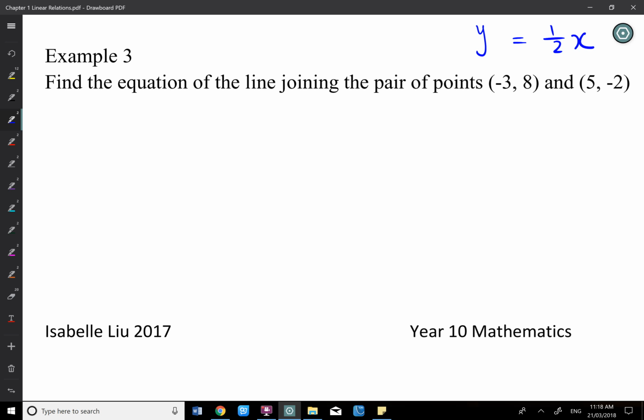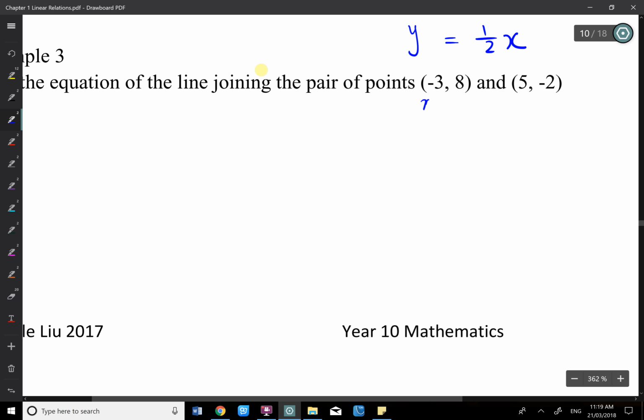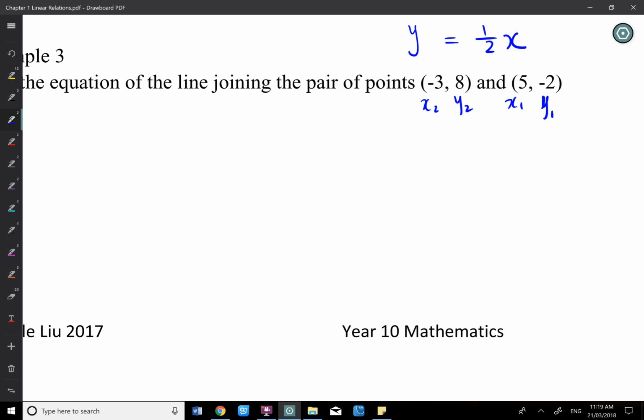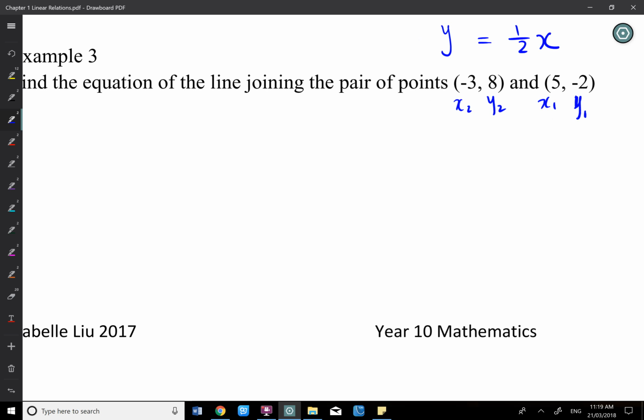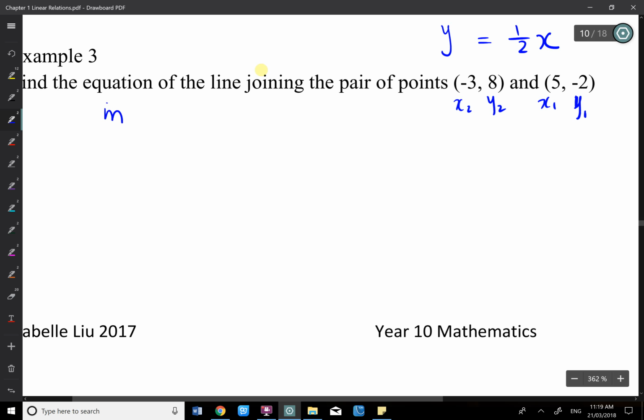y2 minus y1 over x2 minus x1. I can make any pair become y2, y1. Like, I can say that's x2, y2, and that's x1, y1, or swap them, x1, y1, x2, y2. That doesn't really matter. So gradient equals y2 minus y1 over x2 minus x1.